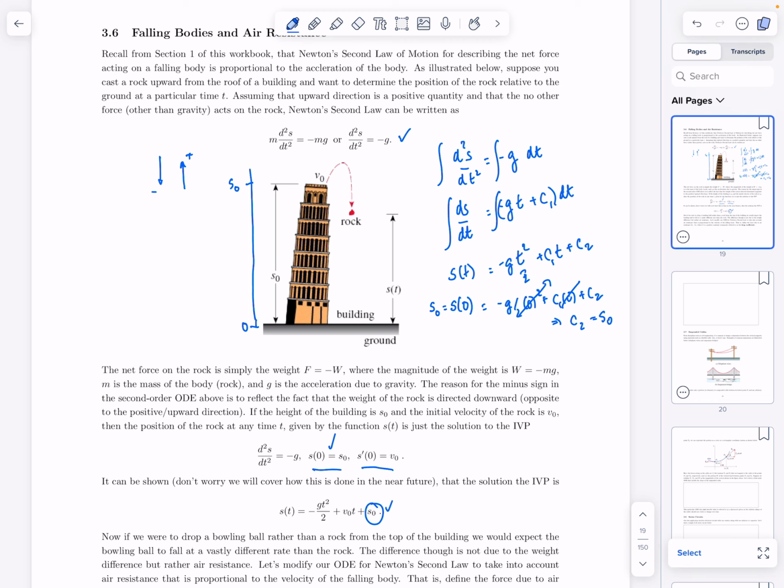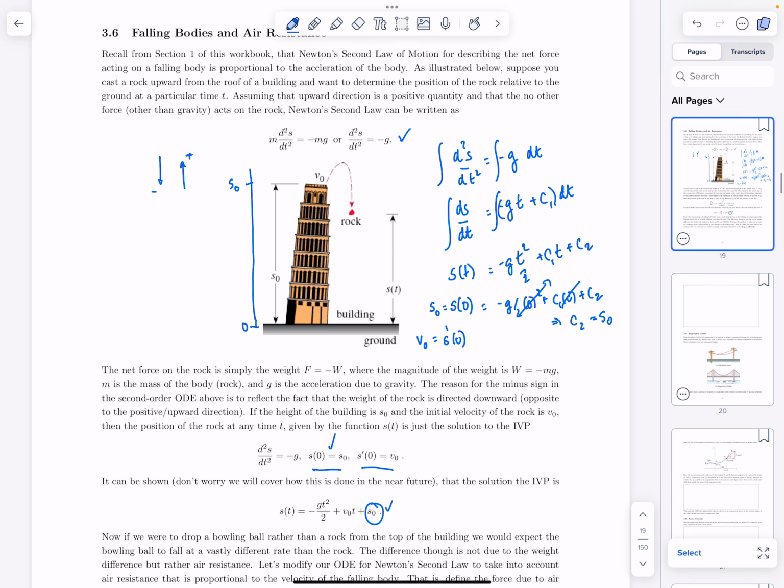Similarly, we know we're tossing it with initial velocity v0, and that represents the derivative of the position at time 0. Since we have the position function there, if we compute the derivative, s prime of t, that would be what?